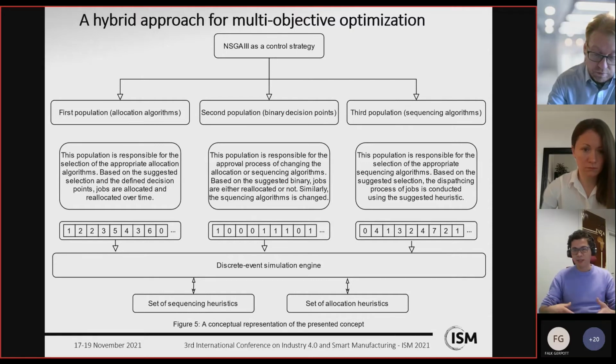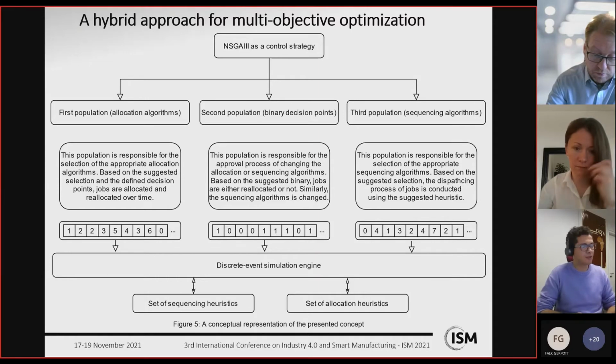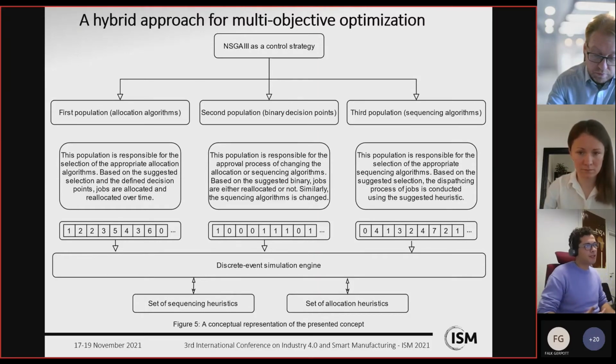The second population is a binary decision points, in which the control strategy decides whether we need to reallocate or to reschedule our jobs during the simulation or not. And the third population is encoded to give a selection of the appropriate sequencing algorithms. So we have a set of sequencing algorithms, a set of allocation algorithms, and a set of binary decision points.